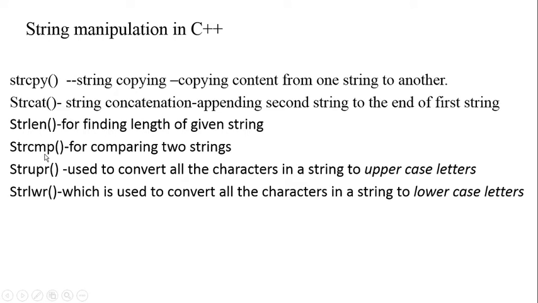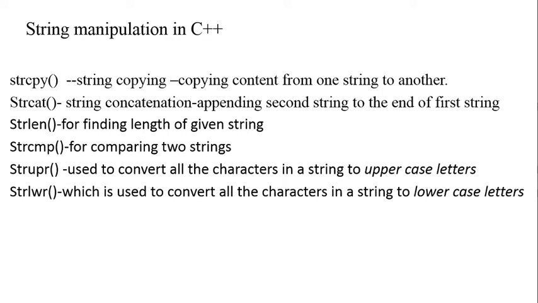One thing I forgot to tell you is that all these string manipulation functions come under a C++ library, that is cstring. Its older version is string.h and the latest version of this library is cstring. The cstring library contains all these string manipulation functions.